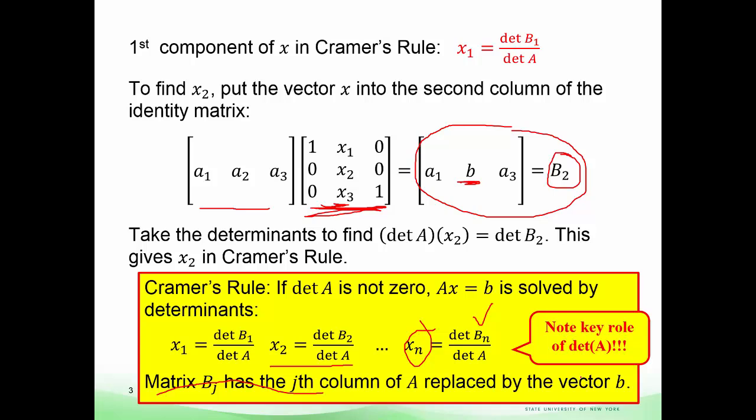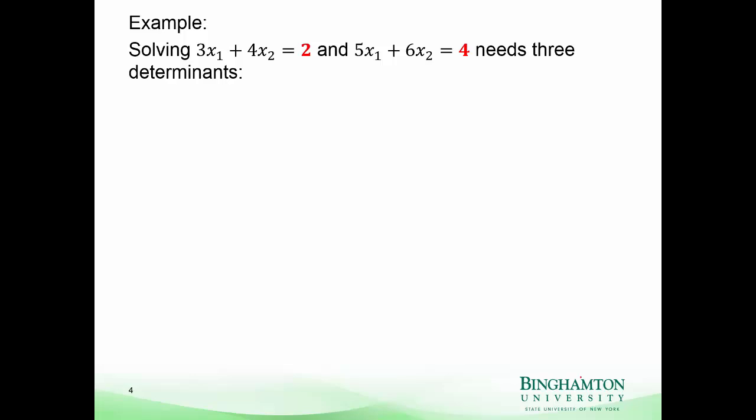For a complicated system, you could get a fairly large number of nodes or meshes. But you may only be interested in solving for one of the variables, one voltage or one current. That may be the important one that you're interested in. And so you can use Cramer's rule to find just that one variable. So that might be a handy time to use this.